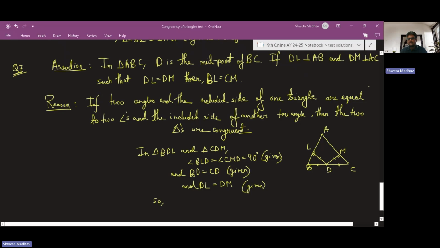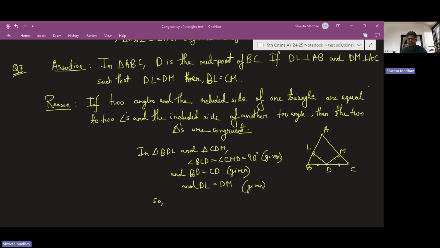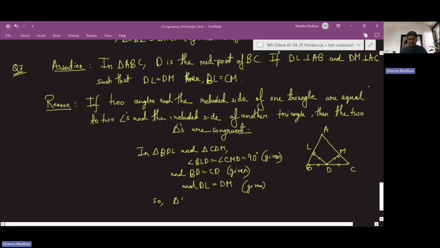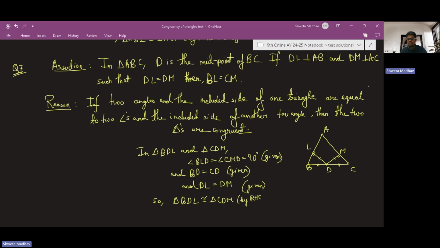So here we can see that in these two right angle triangles, one side and the hypotenuse are equal. So therefore I can say triangle BDL is congruent to triangle CDM by RHS rule of congruency.